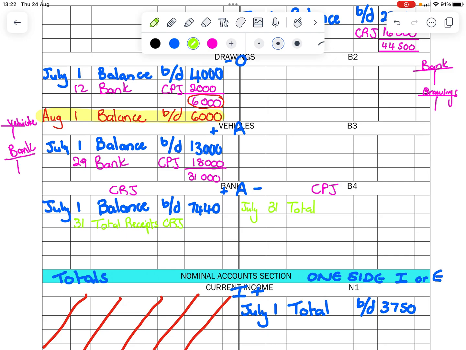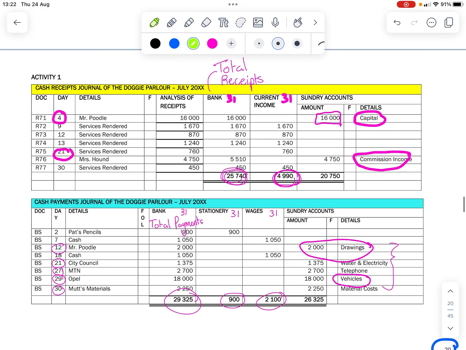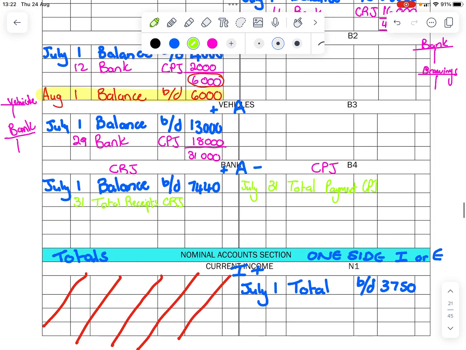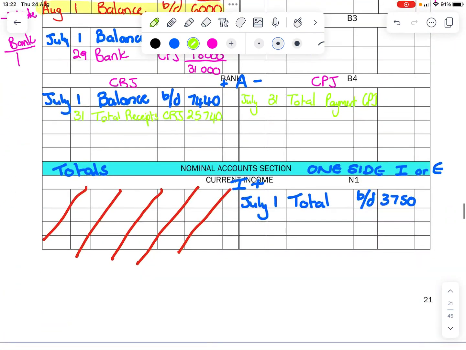That is what we call total payments, from the CPJ. And if we go up and have a look and enter in those totals, we've got 25,740 for our total receipts, 25,740. And then we've got 29,325 for our total payments.